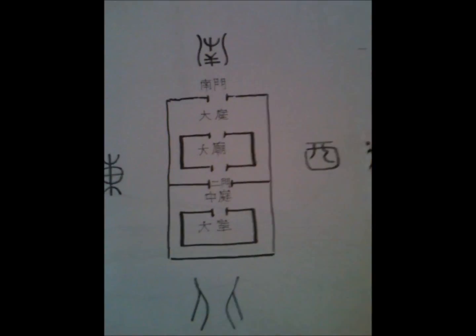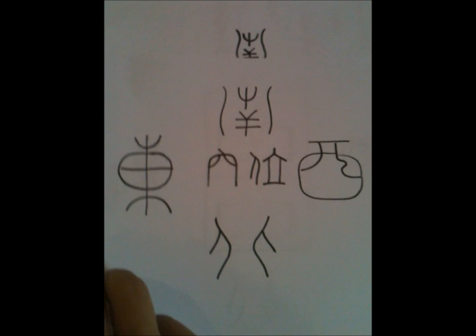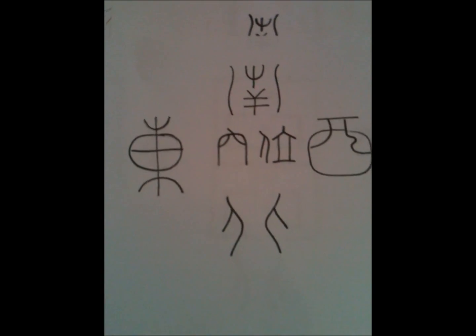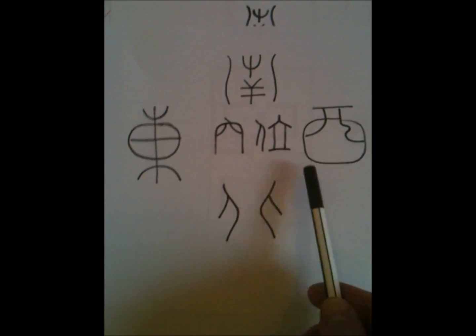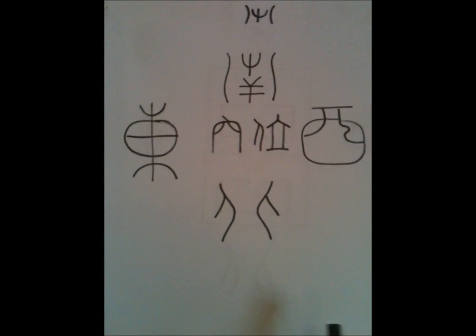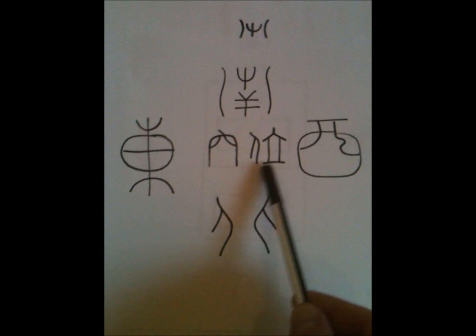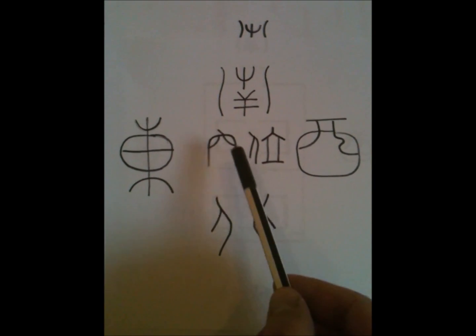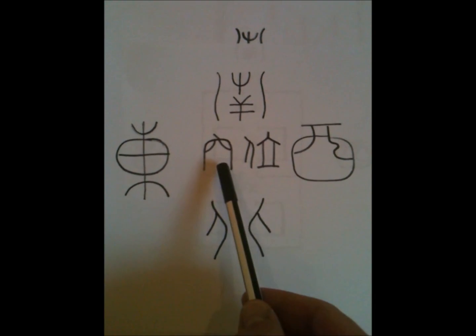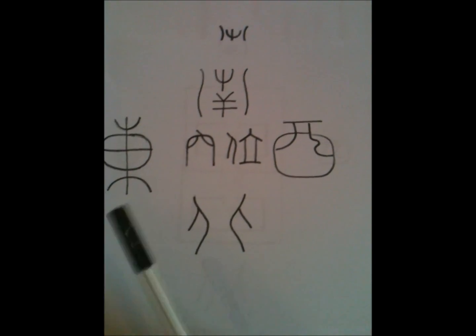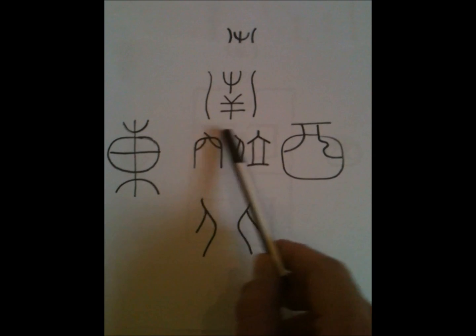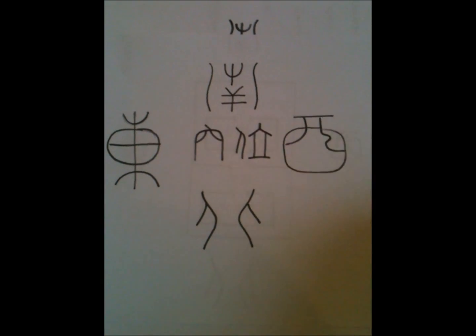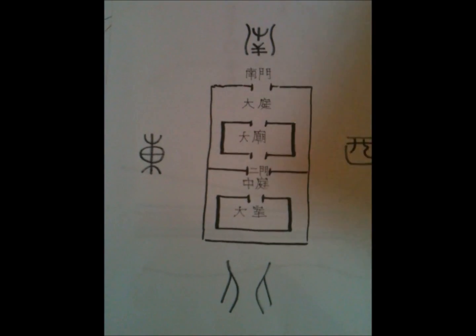If we take, for example, a diagram, the same, we have the east, west, south and north, and here is the point of acupuncture. What we can see is the center place, like the same we saw in the palace.